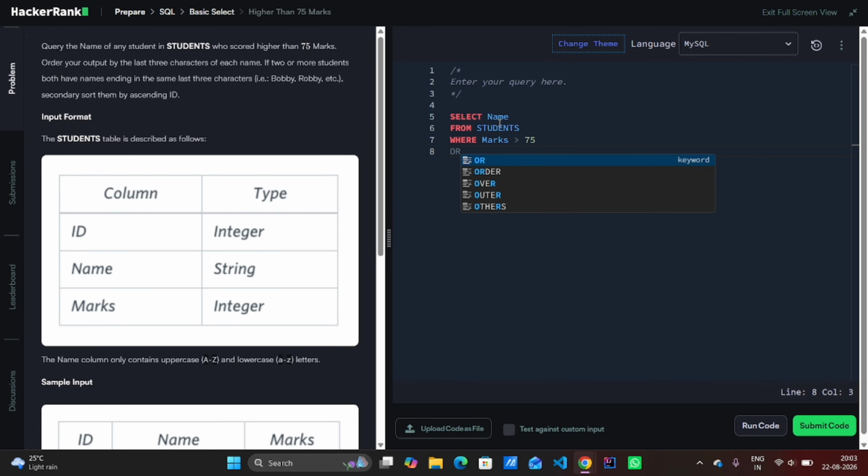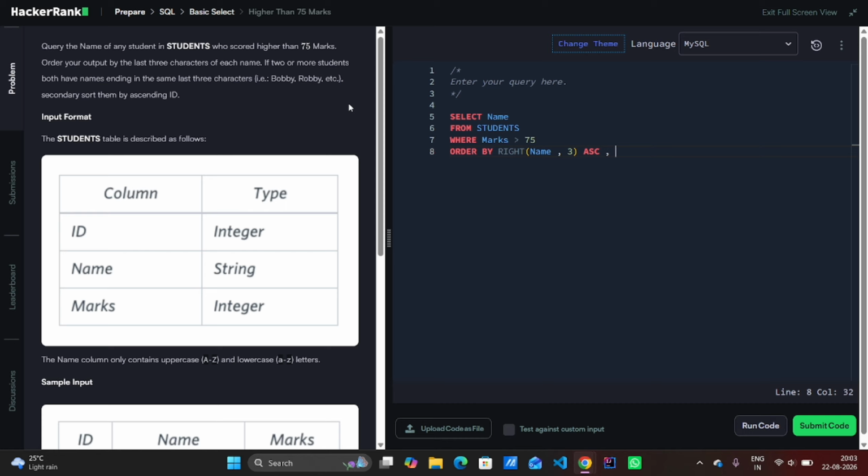Also order by, we will use RIGHT, to fetch the last three characters of their names, and use ascending order.